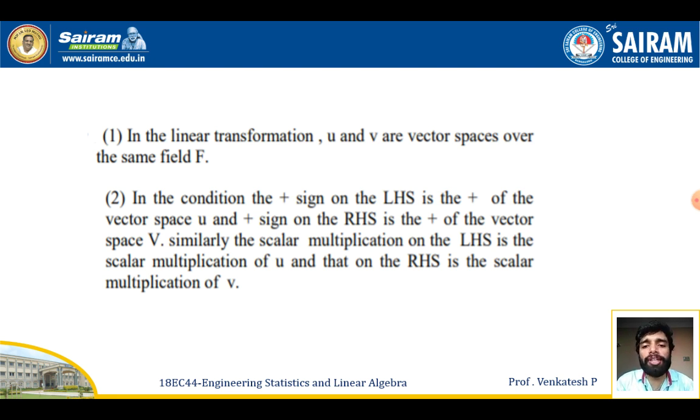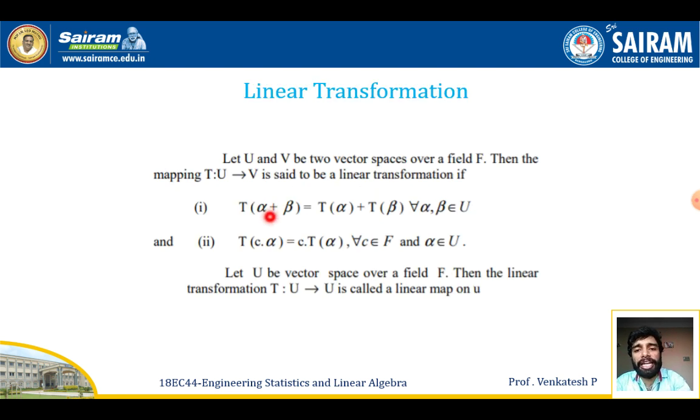In the conditions, T of alpha plus beta is equal to T of alpha plus T of beta, or T of C alpha is equal to C into T alpha, the plus sign on the LHS of the first equation indicates the plus of the vector space U, and the plus sign on the RHS indicates the plus of the vector space V. This addition represents before transformation, and this represents after transformation.